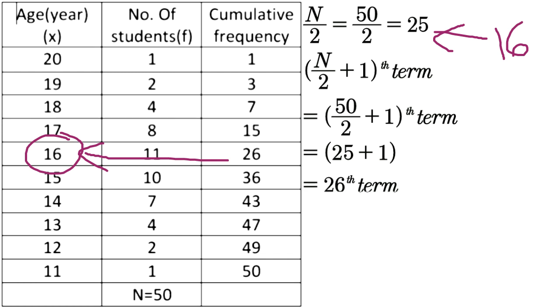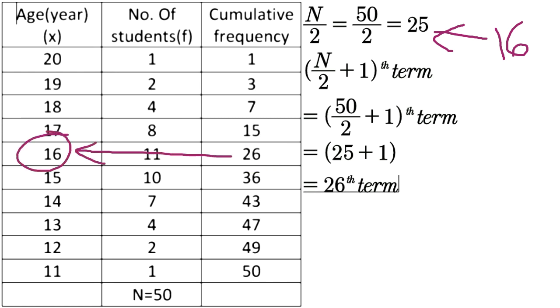Next, the value of n by 2 plus 1 equals 26 again. Again, 26 is present in the cumulative frequency table. Therefore, we consider 26 here. The corresponding distribution value of 26 equals 16.